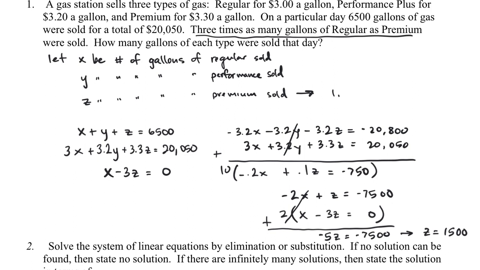So this is 1,500 gallons of premium. Now, according to this, 3 times as many of that was sold for regular. So 1,500 times 3 would be the number of regular gallons sold. So that's 4,500.